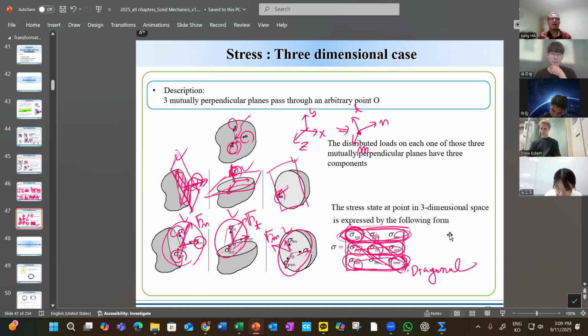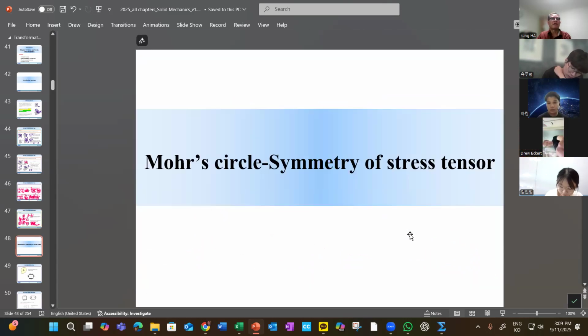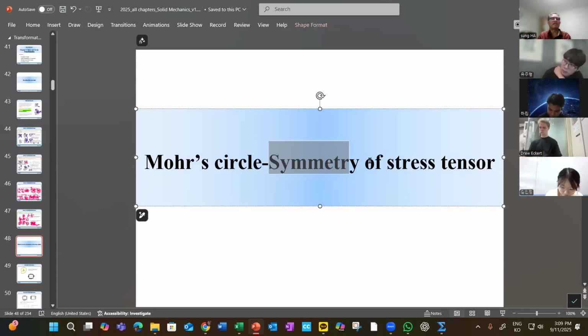That's why we call them tensors. Actually, the vector is also a kind of tensor, but at this point we just call them tensors. And then what is the symmetry of a stress tensor?